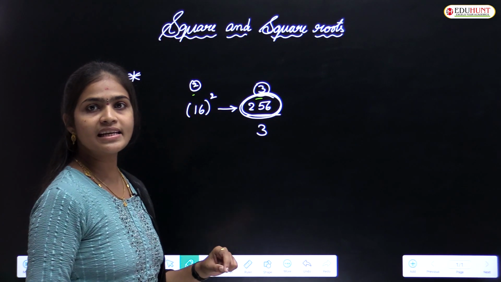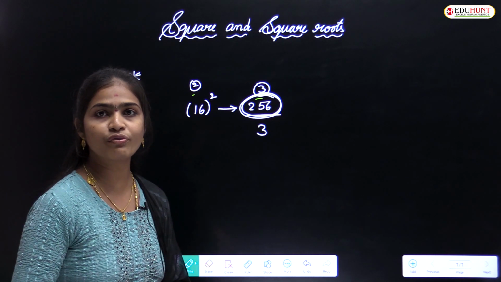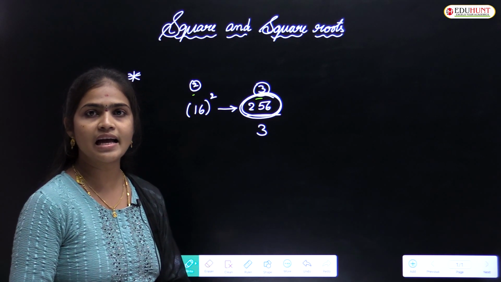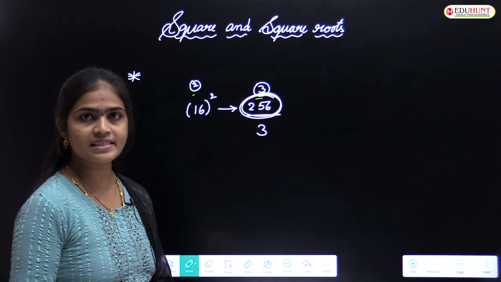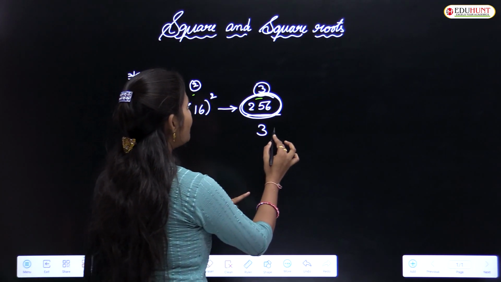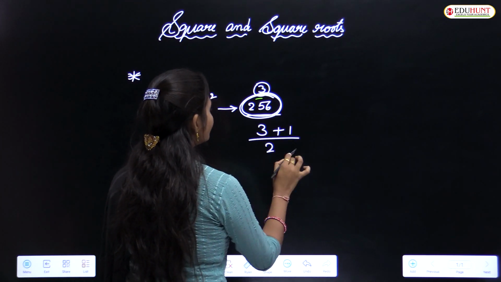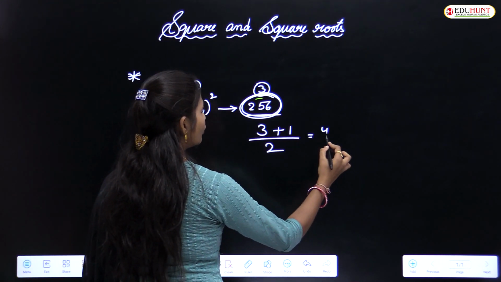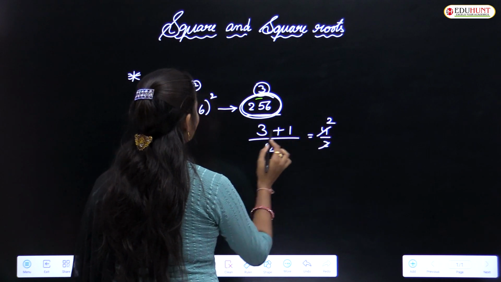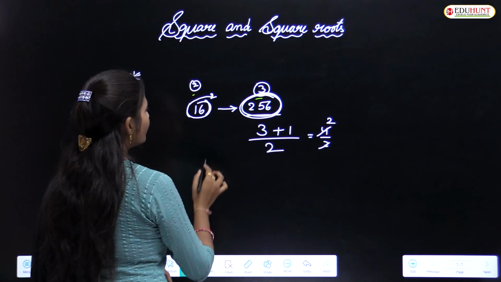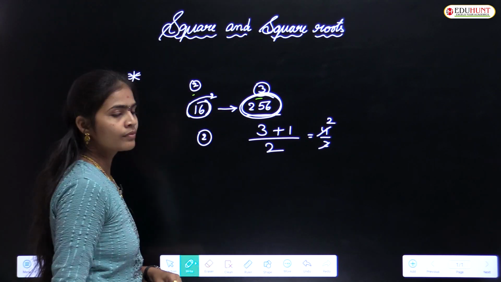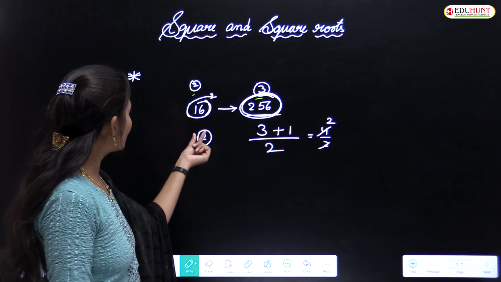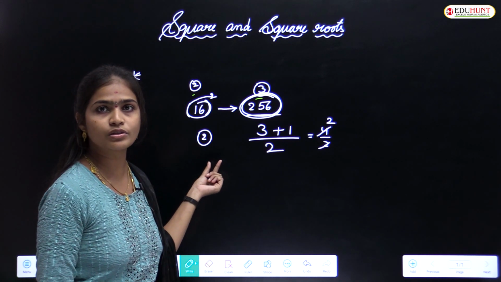If the square has an odd number of digits, then we have to add plus 1 by 2. Then we get 4 by 2, which equals 2. So in the square root we have 2 digits only.